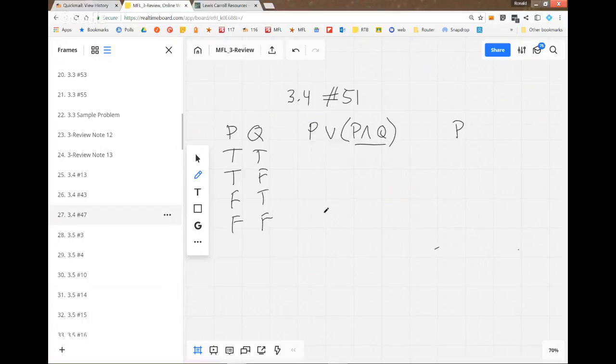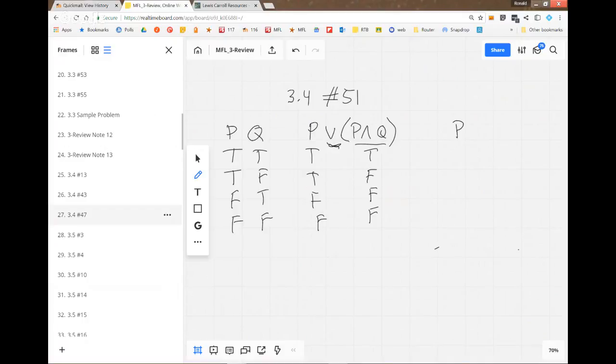So we got to start with parentheses first. P and Q is only true when both are true. So the top one true and the rest false? That's correct. Now I'm going to just copy P down again, so it's a little handier. Now we got to take these two and combine them with an OR.